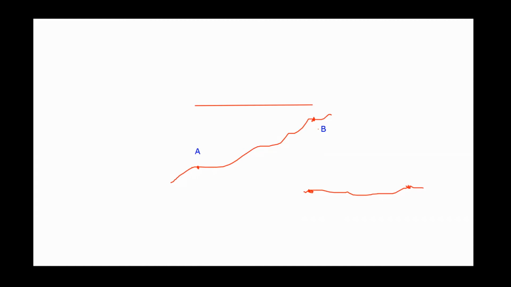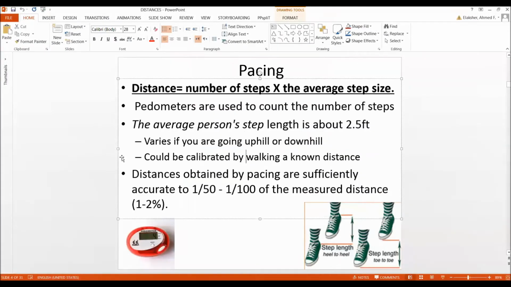That's a good way to calibrate your step length. Pacing is very low accuracy for sure. It's the lowest precision, but again, we can use it to get some rough estimate. Its precision is 1/50, 1/100 of the measured distance.